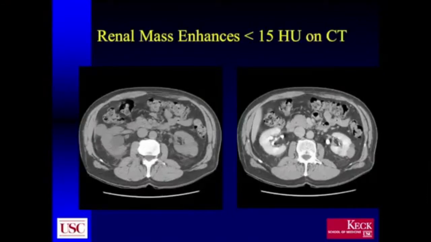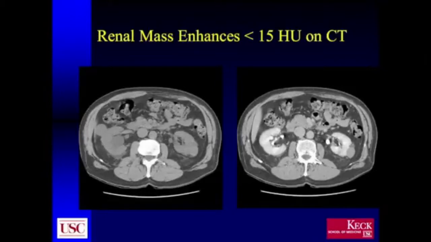Now, I mentioned so far the cases that we've seen have all been comparing contrast ultrasound to non-contrast CT or MR. There are occasionally cases where after the injection of contrast, there is a renal mass which may not enhance sufficiently to be confidently called a renal cell or to confidently be stated to have intense arterial enhancement.